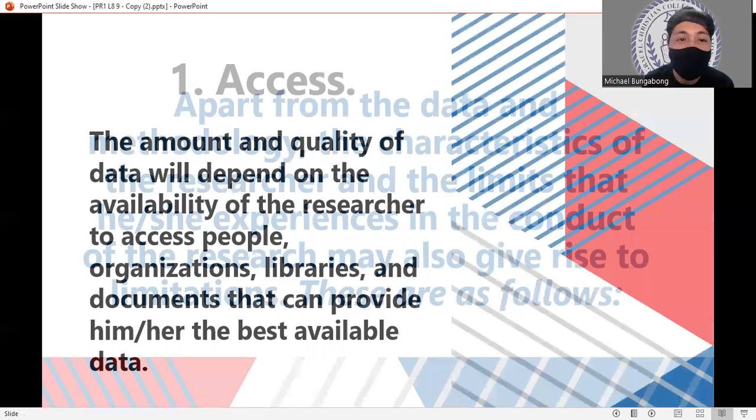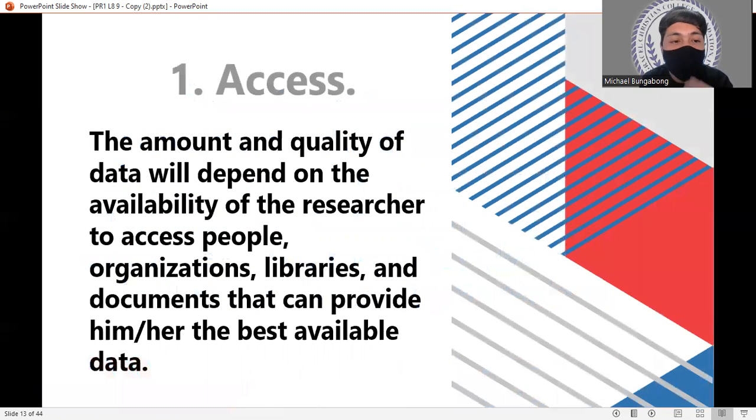So these are as follows. We do have access. So the amount and quality of data will depend on the availability of the researcher to access people, organizations, libraries, documents that can provide him or her the best available data. So sometimes we're limited. I don't know, in your own case, right?